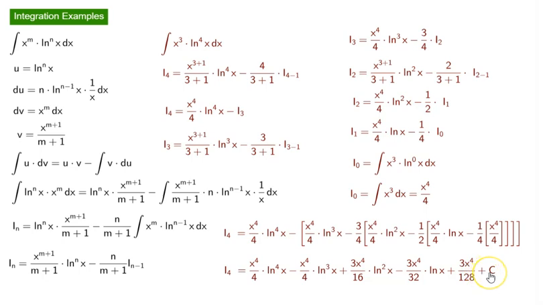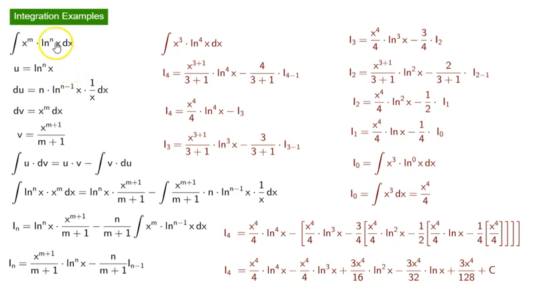And we should not forget plus c. So that is the integral of x cube times natural log to the power of 4 x dx using the reduction formula that we have derived.